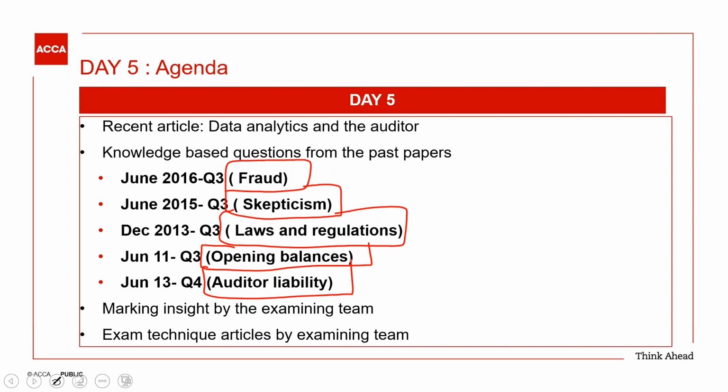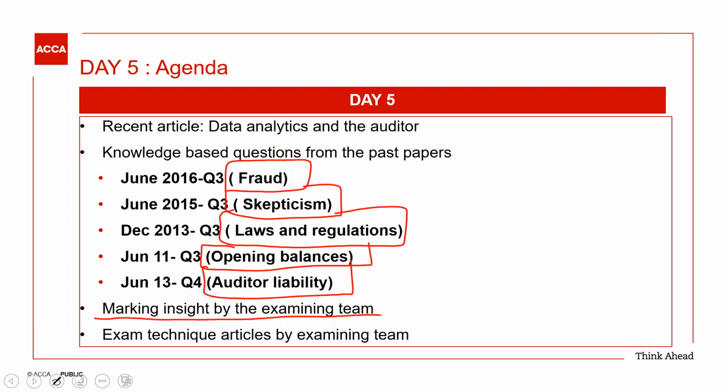Besides the knowledge areas and the new article on data analytics, I'll be looking at a very important document published by the AAA examining team, which is basically the marking insights by the examining team. This is a wonderful article and a wonderful resource because it really gives students an insight into the examining team's mindset and how exactly the examining team marks a student's script.